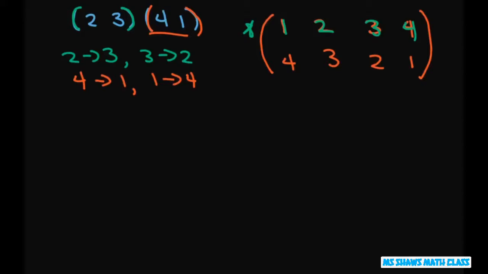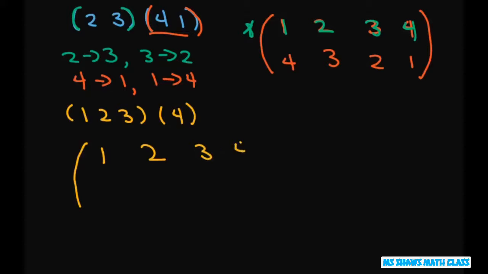All right. Here's another one. Let's do (1 2 3). So that means 4 doesn't change. Let's write 1, 2, 3, 4.